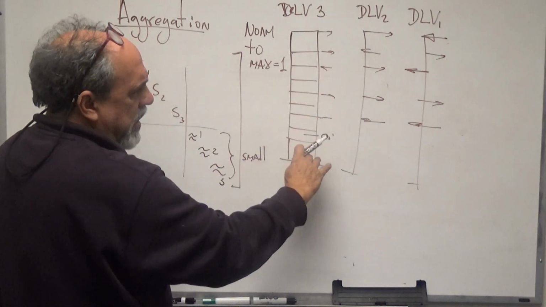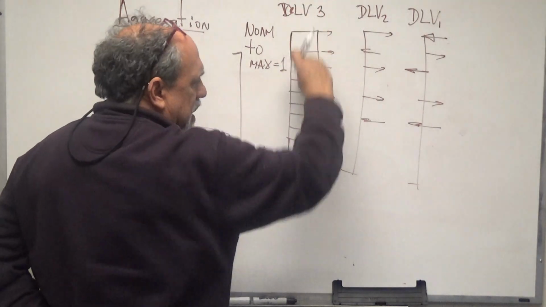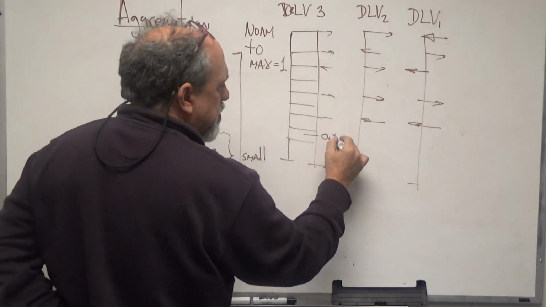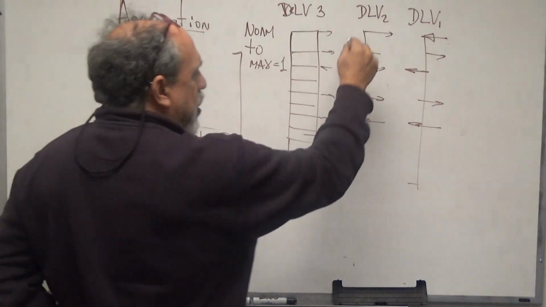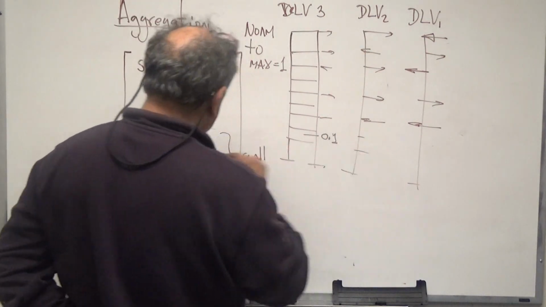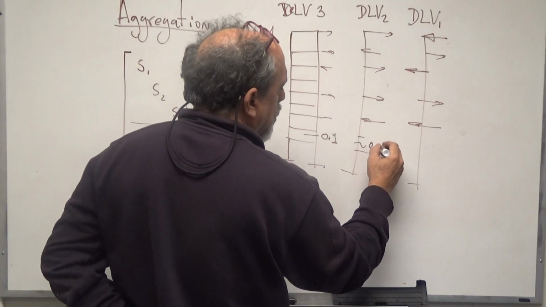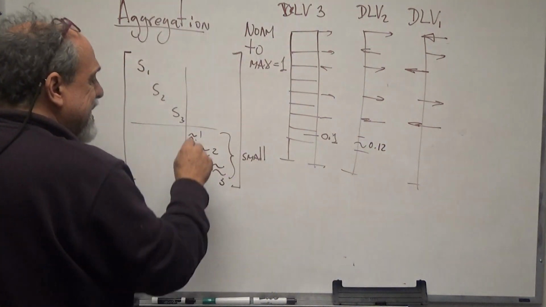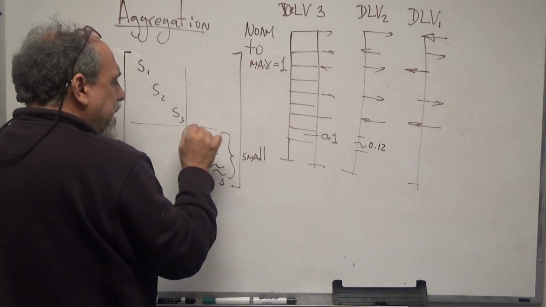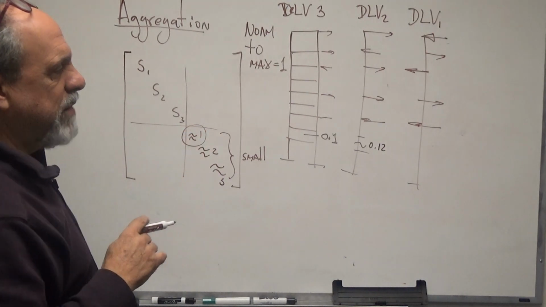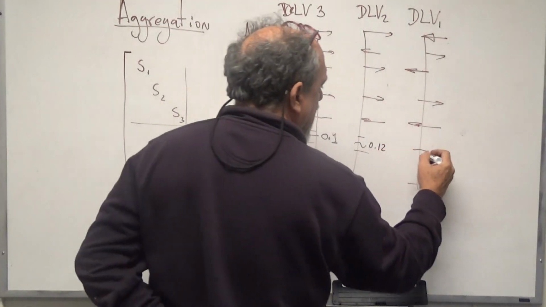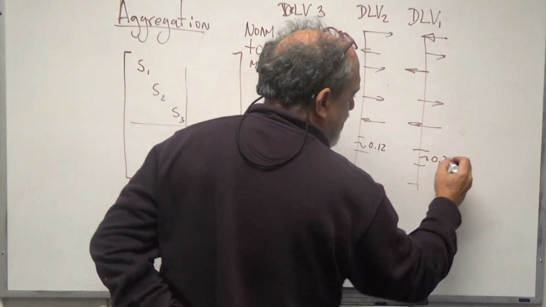So I do this loading, and then I make the maximum stress equal to 1, and this is 0.1. Then I come here, and I do the same thing for the second vector, and this one is 0.12. But let's say that when I did number 1 it was really poor, and so it turns out that over here, it turned out to be 0.22.